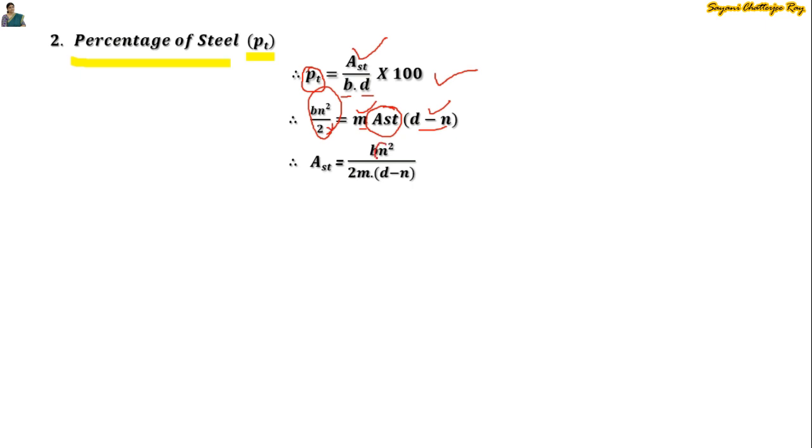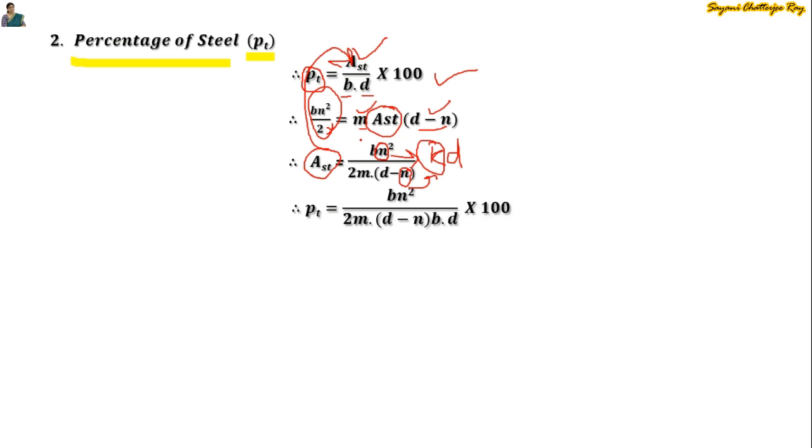But we have already learned that n, that is the neutral axis depth, is equal to k multiplied by d, and k is nothing but the neutral axis constant. So here also we will replace n by kd, and now we will replace the value of AST in this equation. So PT will be equal to Bn square divided by 2m into D minus n into BD into 100.